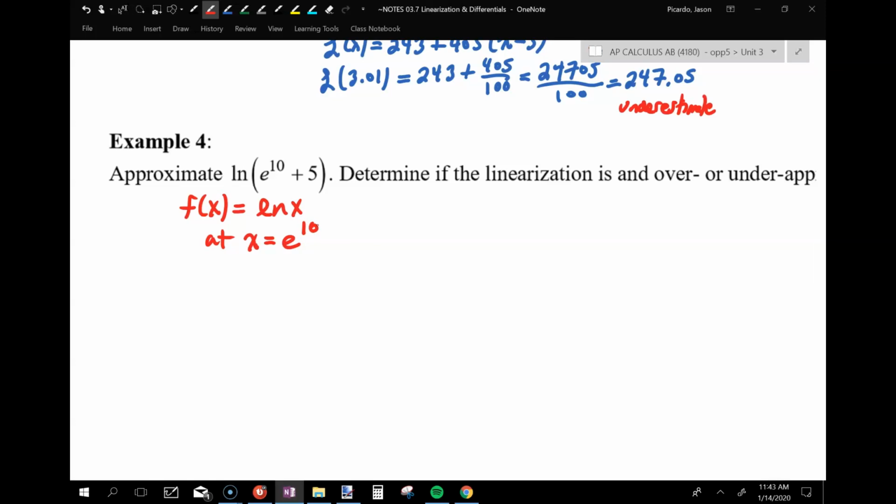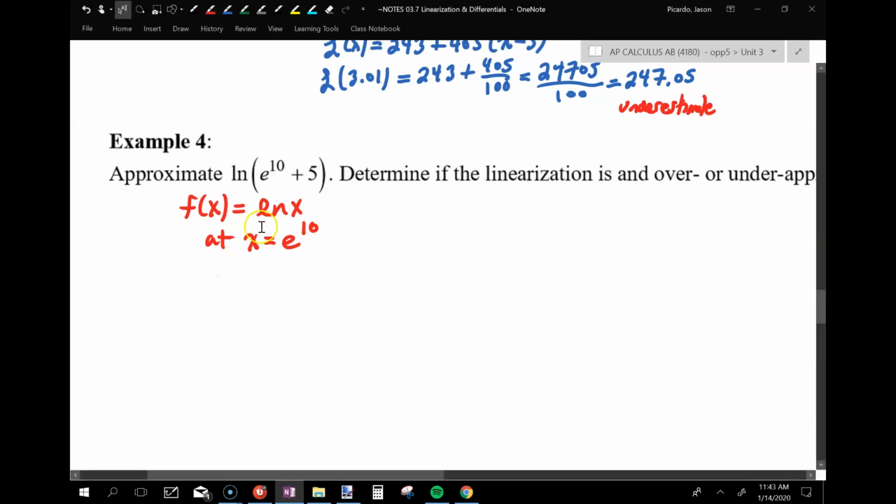Now you're going to look at this and say, well, Picardo, I don't know what e to the 10 is. How am I ever going to get a y value? This is your x value, fine. Well, guys, what is the natural log of e to the 10? Well, doesn't that allow you to bring that out in front?